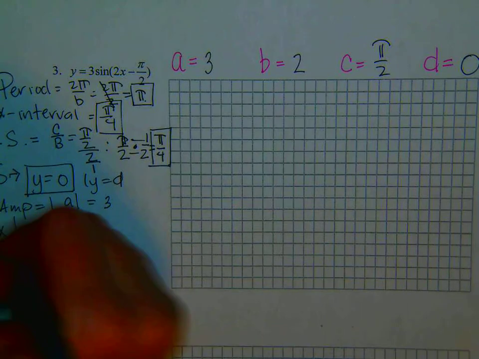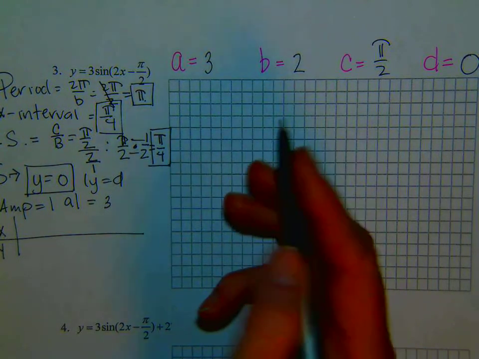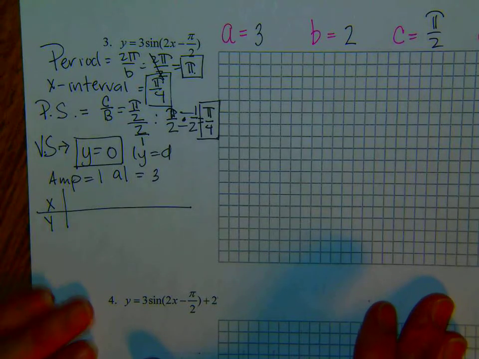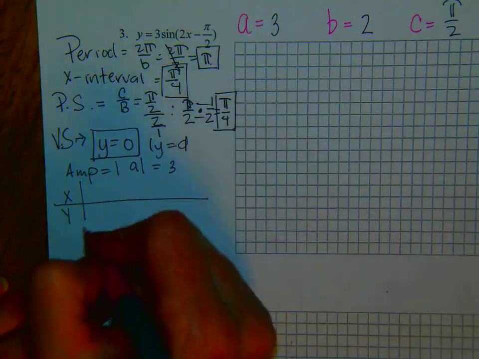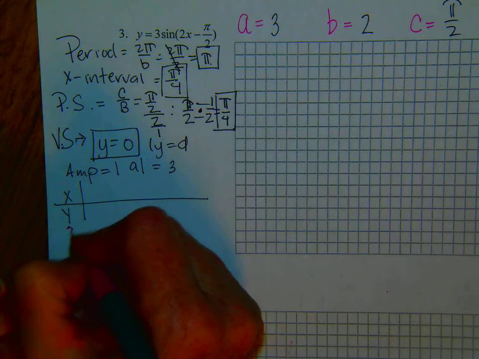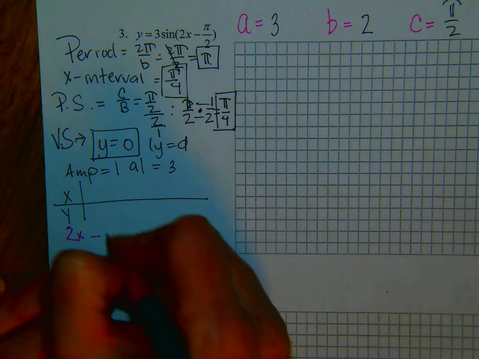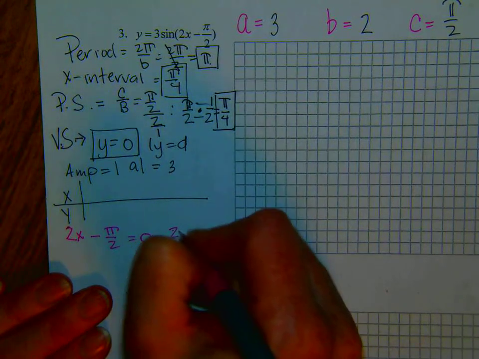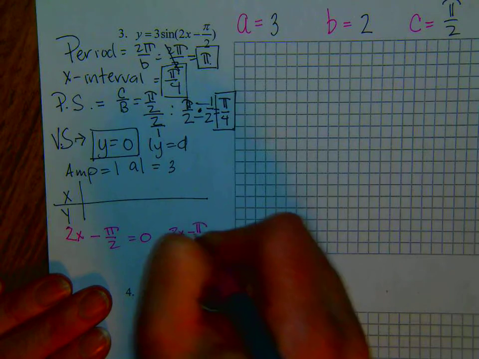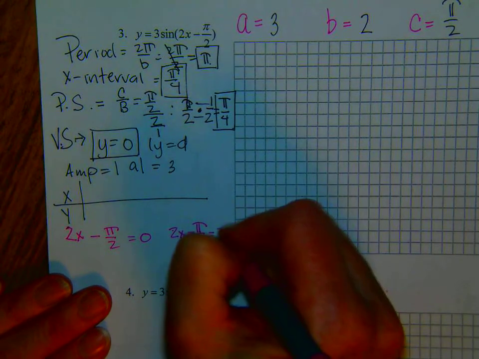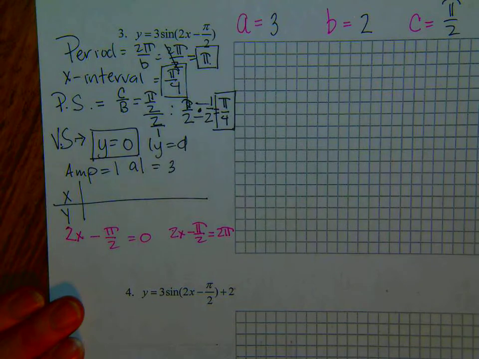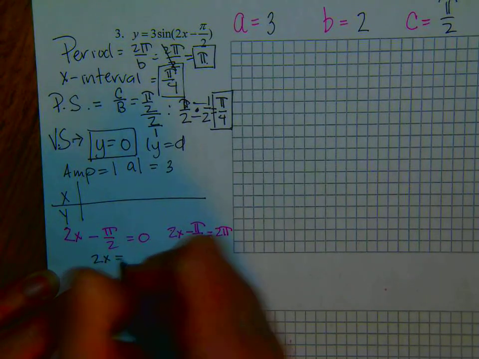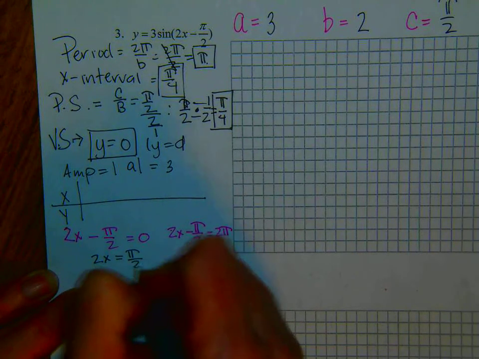X, y. We have a phase shift, so we're going to set up our 2 equations. Bx minus C: 2x minus pi over 2 equals 0, and 2x minus pi over 2 equals 2 pi. So how are we going to solve this? 2x equals pi over 2.